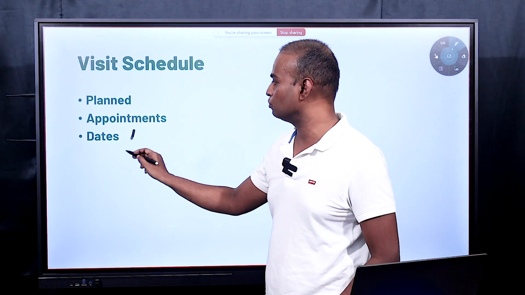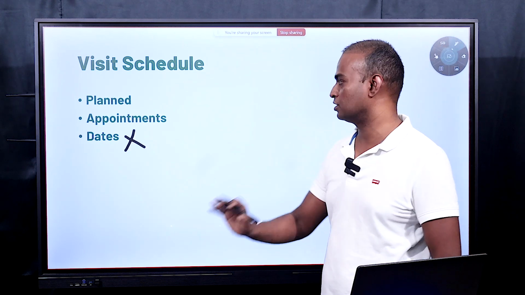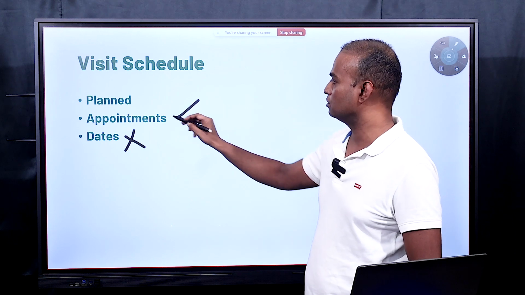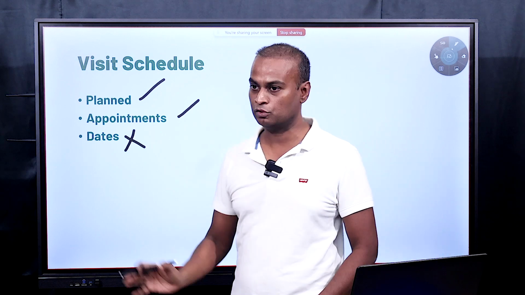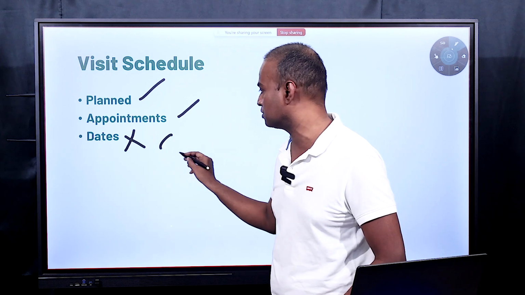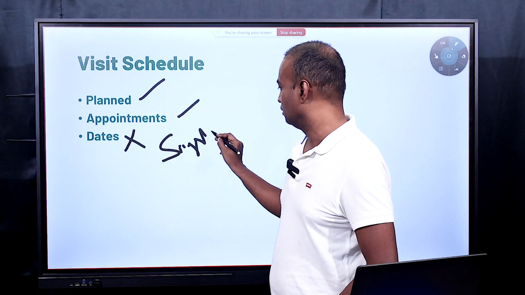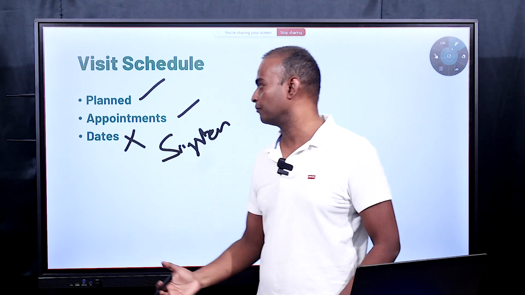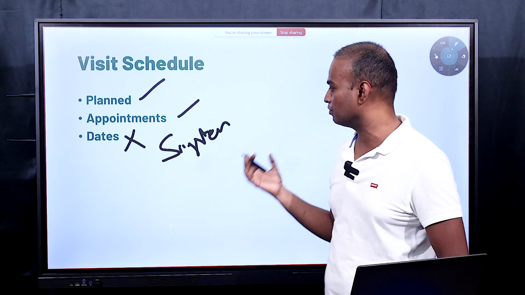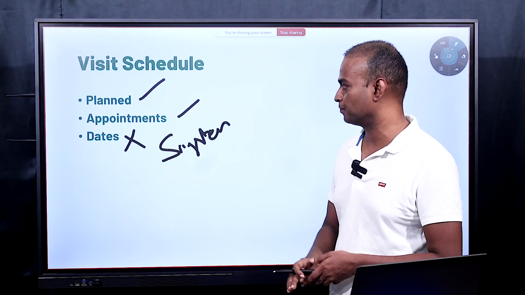If there are no dates, it is not a visit schedule. Those are appointments, those are planned. If there is no date, it is not a scheduled visit. This date should be given by the system. If the system displays that on this date the subject has to come, then that becomes a scheduled visit from the perspective of the IRT system.